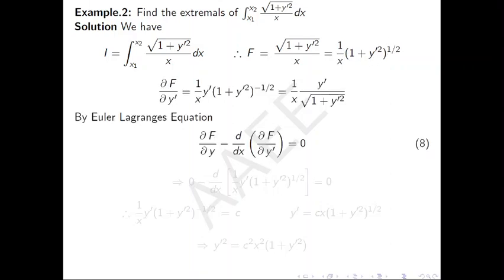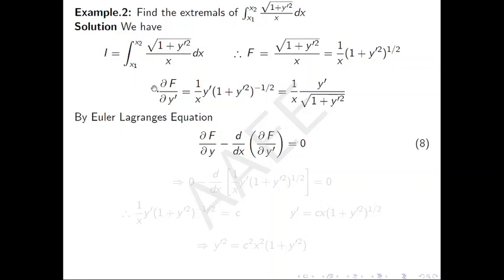Then we have to differentiate this with respect to y and y dash. Since this term is free from y, there is no point in differentiating it with respect to y. Let us differentiate it with respect to y dash.